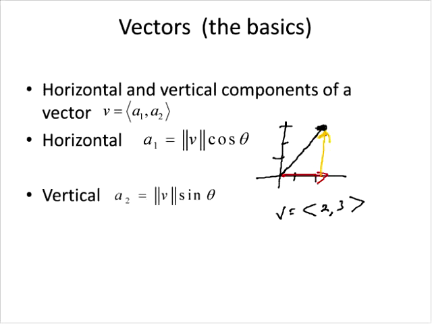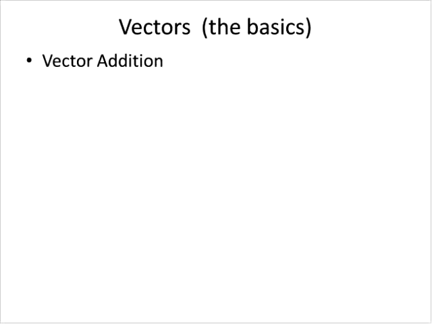Yellow doesn't show up that well, and of course the horizontal and vertical components are given here: the magnitude times the cosine to get the horizontal, and the magnitude times the sine to get the vertical.